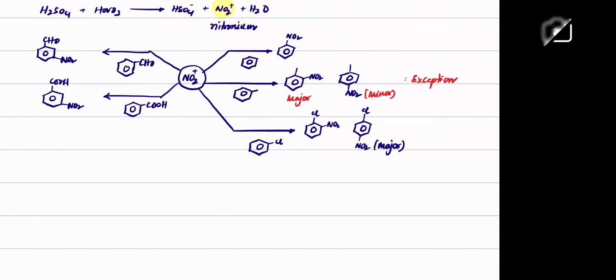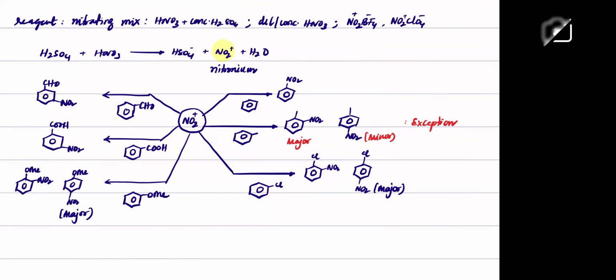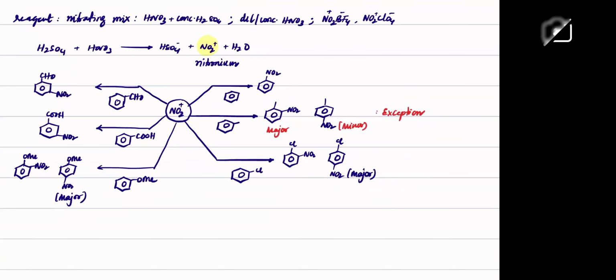And lastly, if you have OMe, OMe will favor ortho and para. So you will have OMe with nitro at ortho and OMe with nitro at para, and para is major. Got it? So you got a gist of how the nitration happens. This is how nitration takes place.